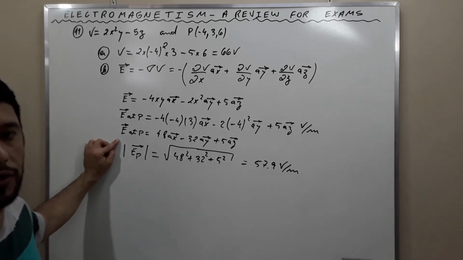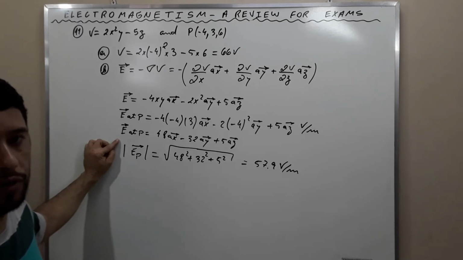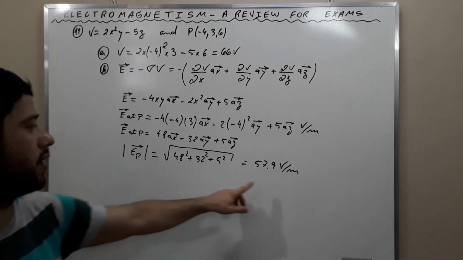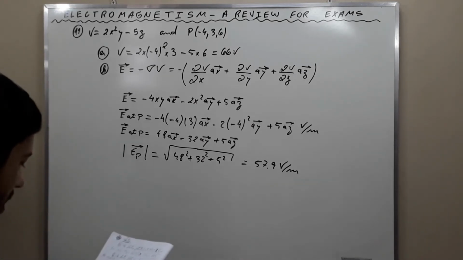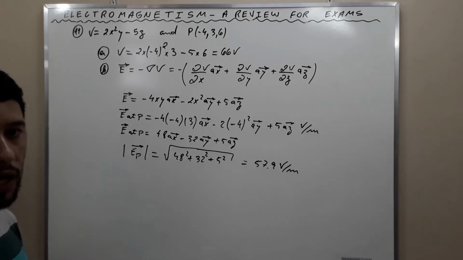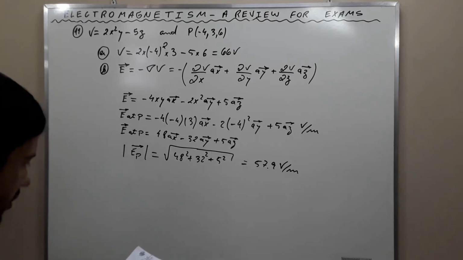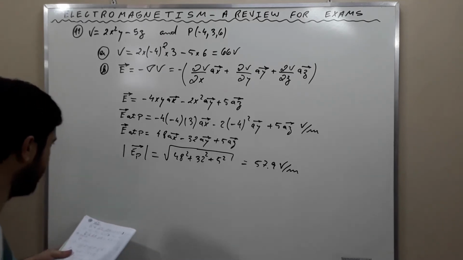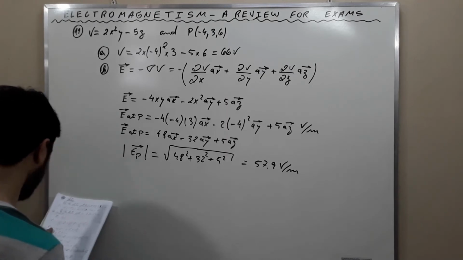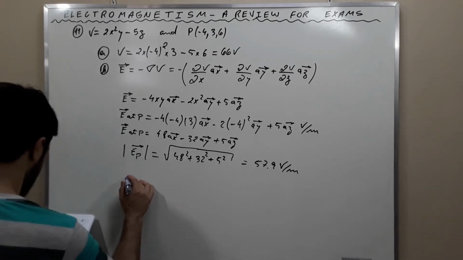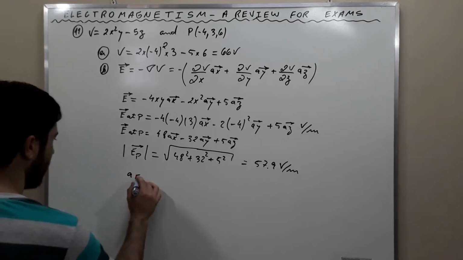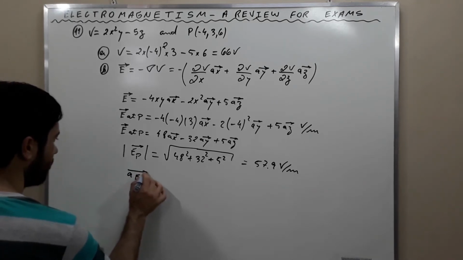So vectors have magnitude and direction. We have already calculated the magnitude of the vector. We want to calculate the direction of the vector, which is the direction of the field at P.